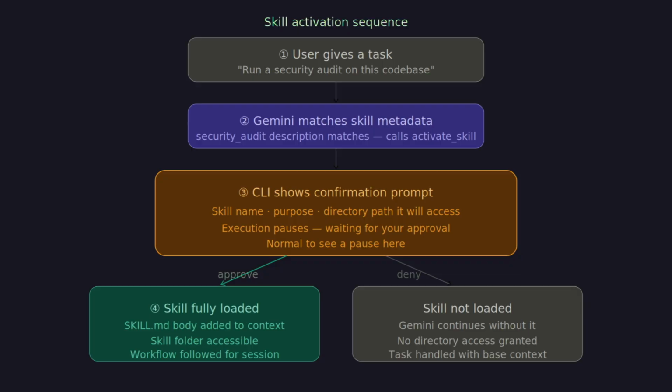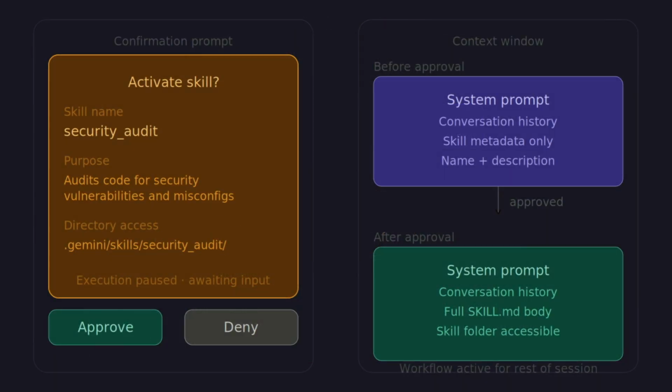You approve it, and from that point on, the full skill.md body and the entire skill folder are added to the conversation. And Gemini follows the skill's workflow for the remainder of the session. This consent step is why you will see a pause before a skill activates for the first time. That's normal. It also tells you exactly what directory access you are granting, which matters if the skill can run scripts.